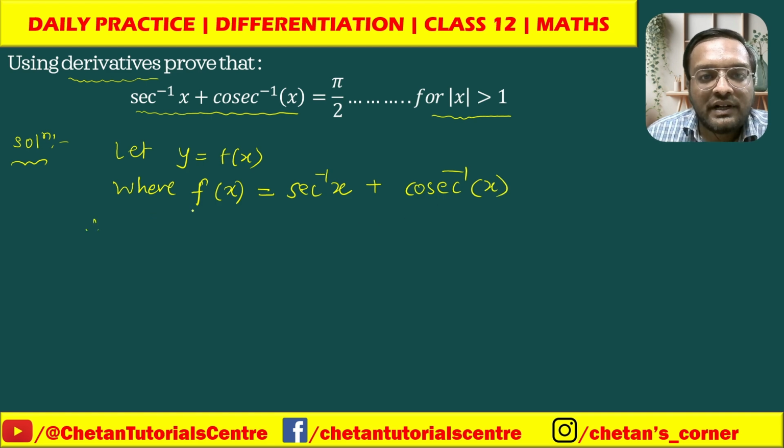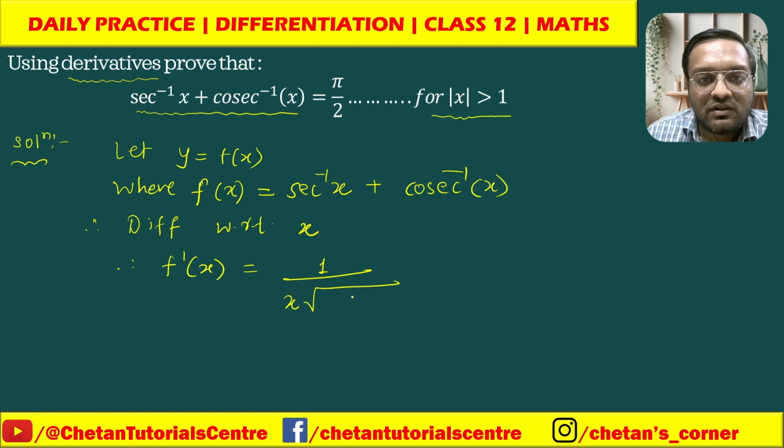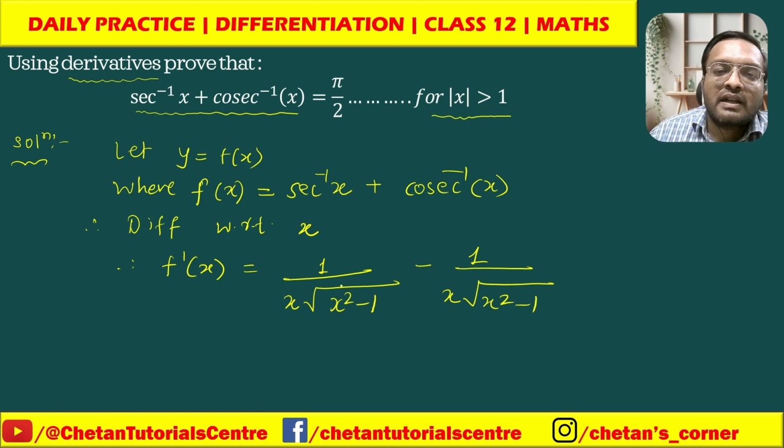Now I will differentiate this given function with respect to x. Therefore f dash of x is equal to the derivative of sec inverse of x, which is 1 upon x under root of x square minus 1, plus the derivative of cosec inverse of x, which is minus 1 upon x into under root of x square minus 1.